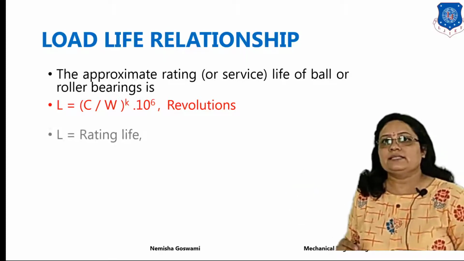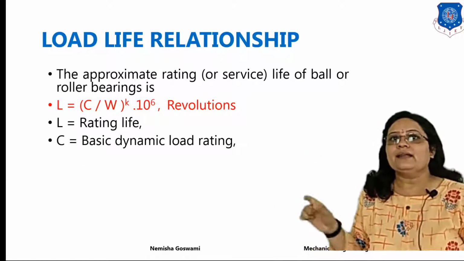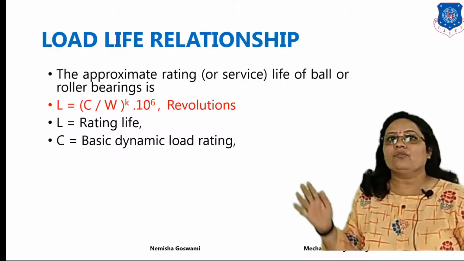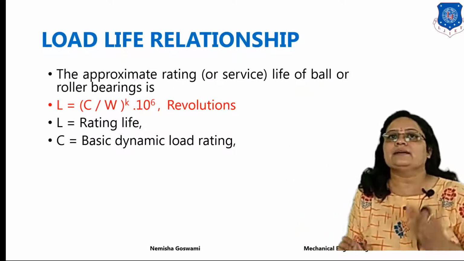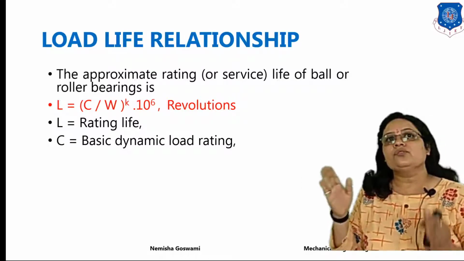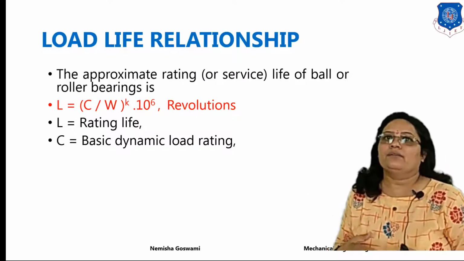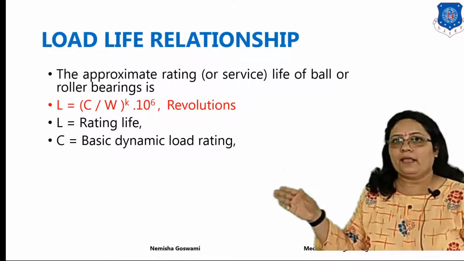So what is C, and what is L, W? L is your rating life. Sometimes L is denoted by L10 and sometimes by L90. In Kurmi, it is denoted by L90. In Khurmi, Bhandari, it is denoted by L10, right? What is C?